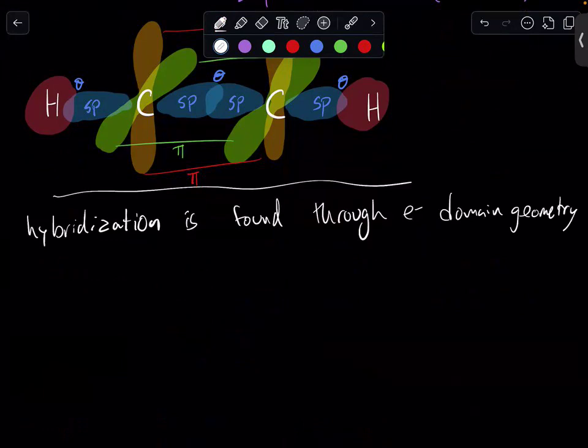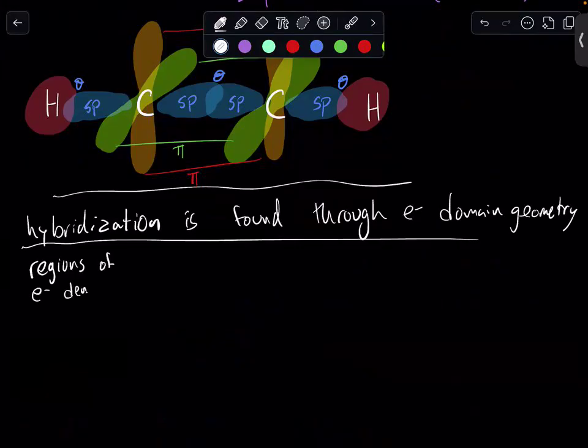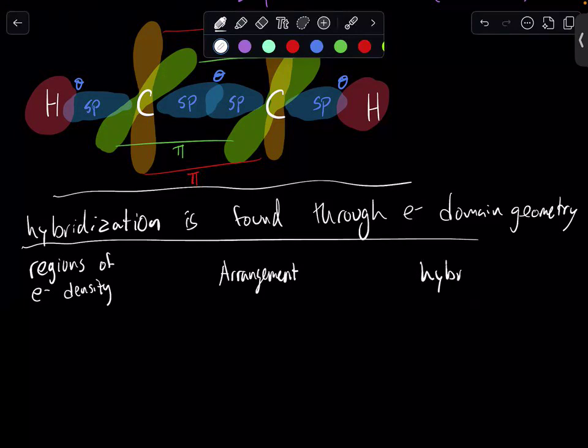So it's not necessarily found through that, but that's the easiest way to identify it when looking at molecules and ions. So if we think about this in terms of regions of electron density, basically what I'm referring to is the electron domains, we can identify the arrangement of the electron domains, and that will tell us our hybridization.